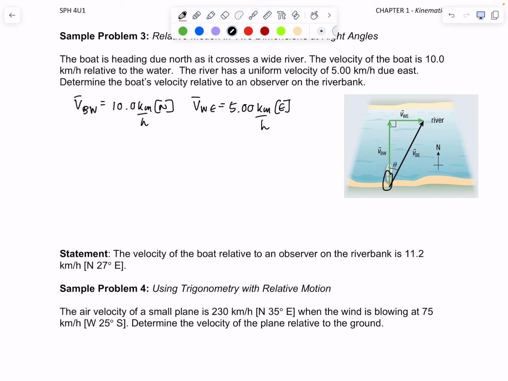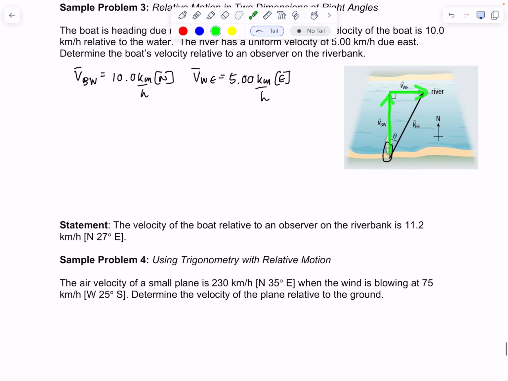If we add this vector plus this vector, we can use Pythagorean theorem to find the resultant. What they want us to find is the velocity of the boat relative to the earth. So our starting variable has to be b, and our end variable has to be e.